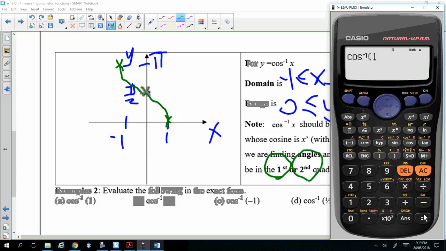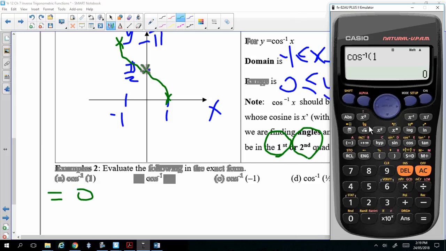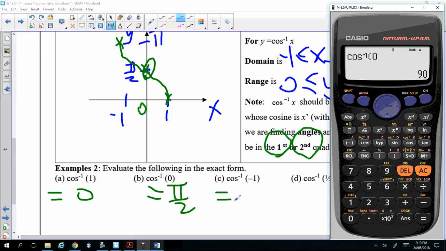But cos inverse of 0, you will get 90 degrees, which is pi over 2. Or you can just get the point here, pi over 2, at x equal to 0. And negative 1 will be pi. You can do it on the calculator: negative 1, you get 180 degrees, which is pi.